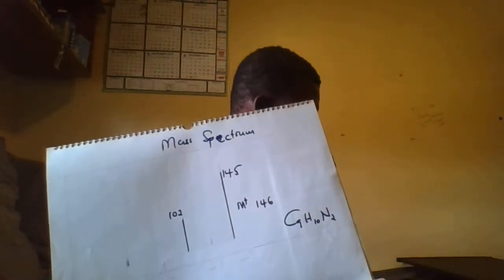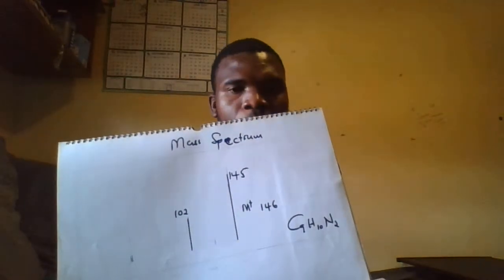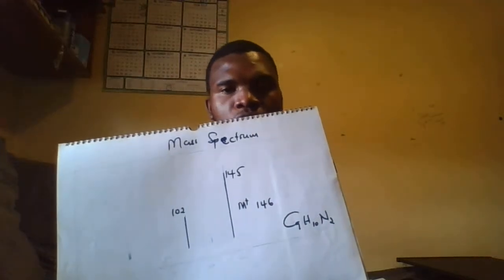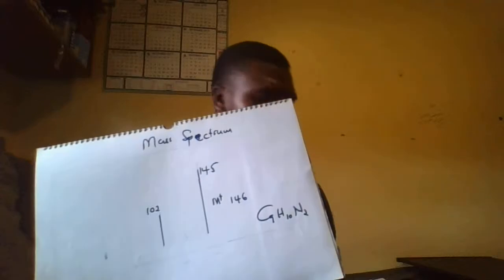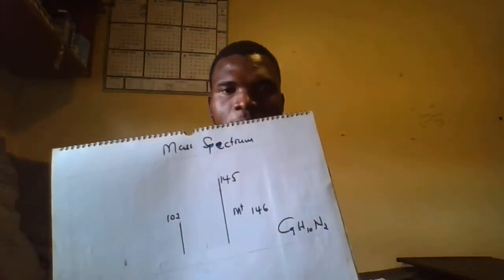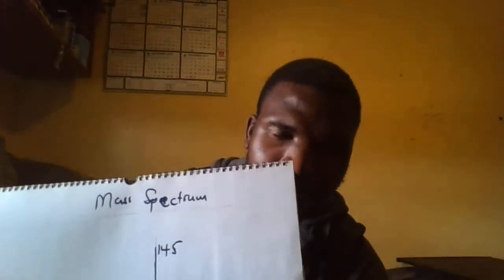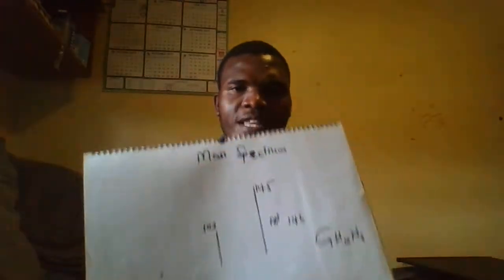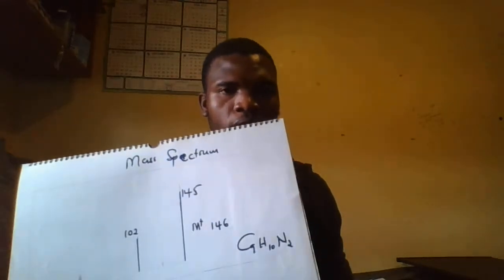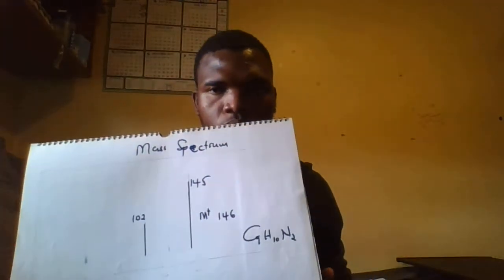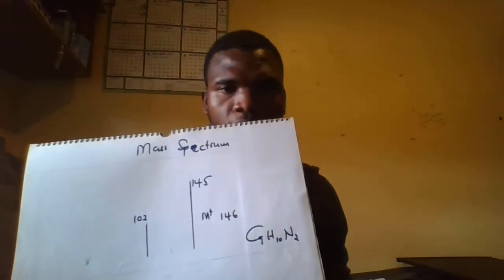Normally the M+ ion is due to the existence of an isotope. It can be the carbon isotope, nitrogen 15, or hydrogen, like deuterium, for example. But I don't have to spend much time talking about mass spec.